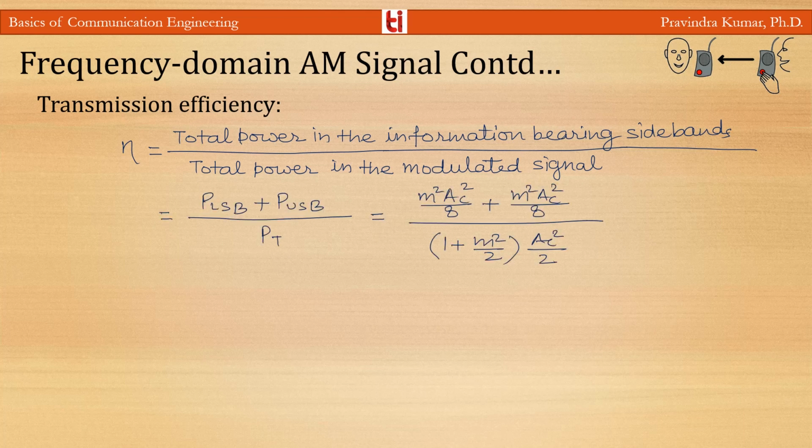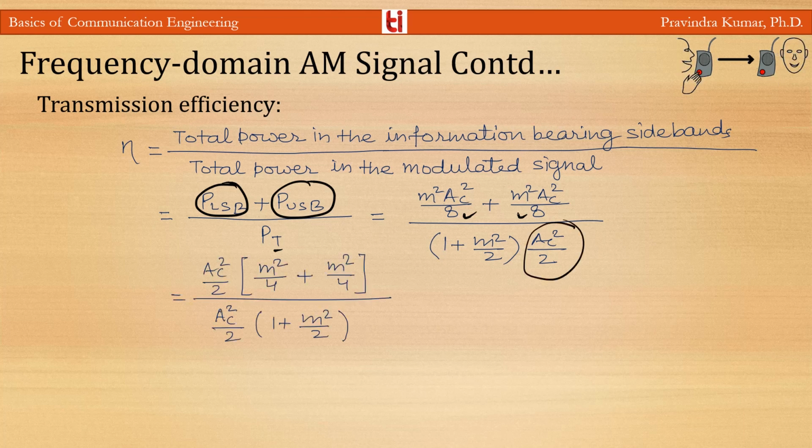Or I can write the total power in the sidebands, PLSB plus PUSB, divided by the total transmitted power Pt, or we can write it as m square Ac square by 8 plus m square Ac square by 8, because you have calculated this is the power in the upper and lower sideband, and the transmitted power you have calculated is 1 plus m square by 2 Pc, and Pc is Ac square by 2.